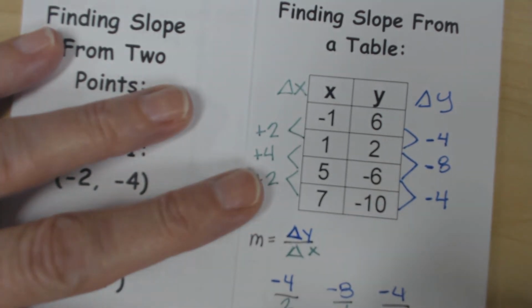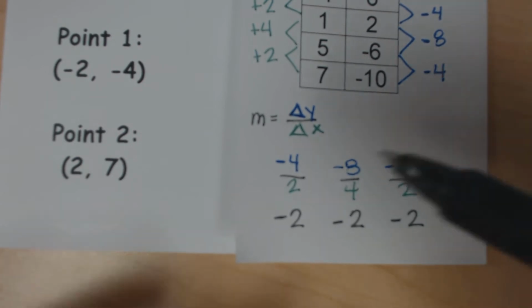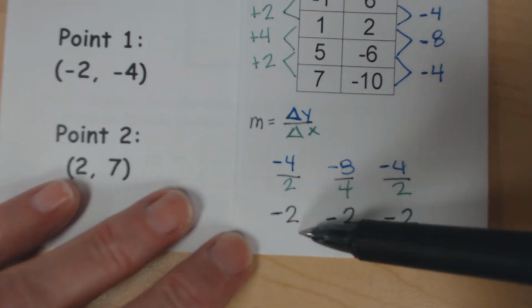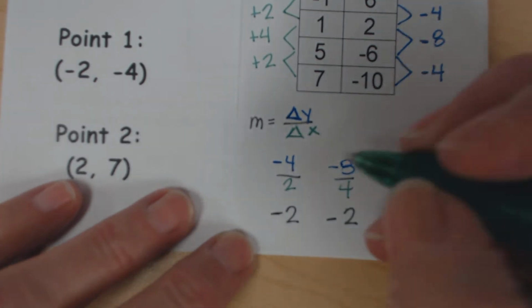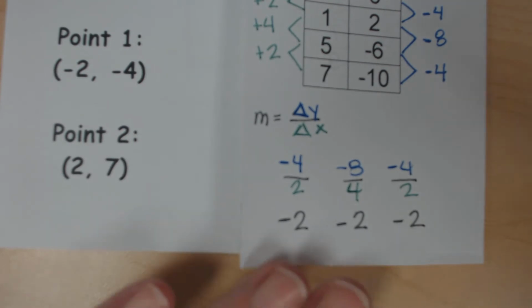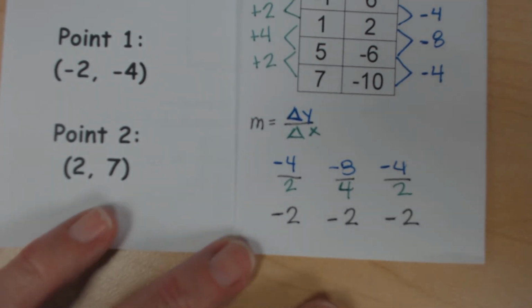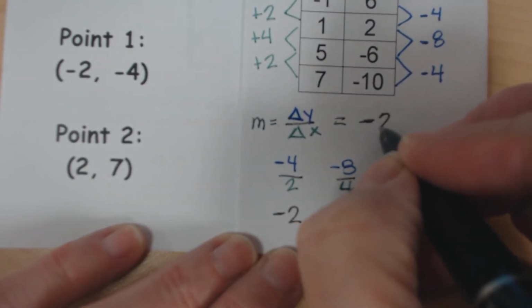So because all of these ratios simplify to be the same number, -2, then that means our slope is going to be -2.